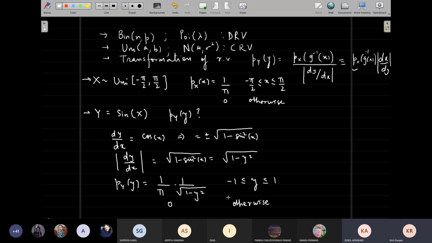Sir, why do we have the less than or equal to? Wouldn't minus 1 give us 0 in the denominator? Yeah, so this is something which we do need to figure out. I totally agree with you that writing equal to 1 here will create a problem in this root 1 minus y square. So use strict inequality, and 0 otherwise. Otherwise, this PDF will blow up at y.